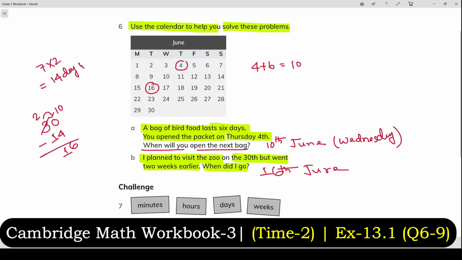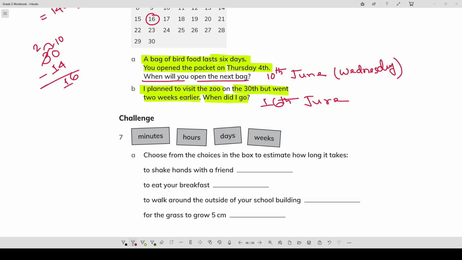Number 6 done. Challenge, Question 7. Here are some boxes: minutes, hours, days, weeks. Choose the box to estimate how long it takes to shake hands with a friend. It can be minutes.